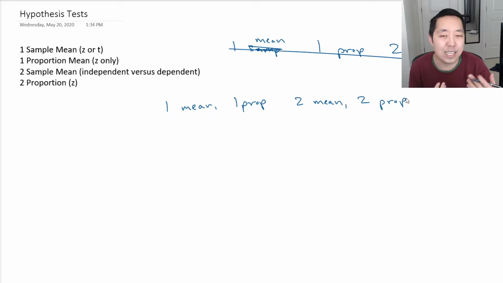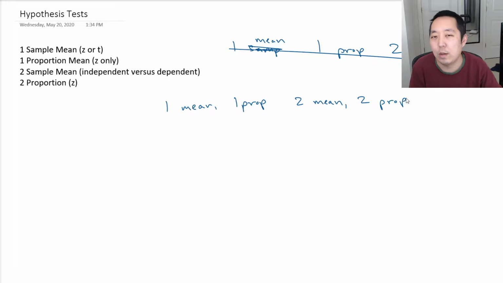The mean is some numerical value that's not typically a percentage. It can be a percentage, but it's more about representing some quantity, like the number of seeds in an apple, or the number of ounces in a water bottle, or a measurement of some kind of substance.